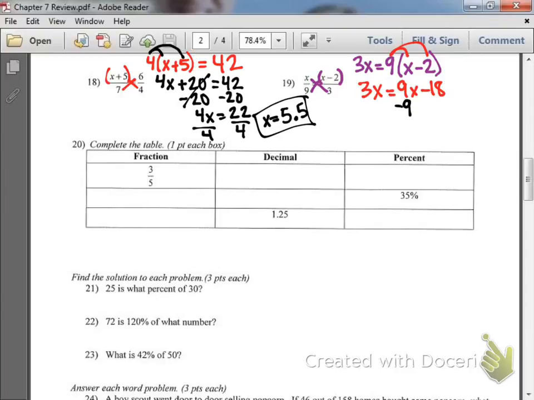What you want to do is you want to do the opposite of the 9x. It's positive right now, so we need to subtract it from both sides. So those go away. I have negative 6x equals negative 18.